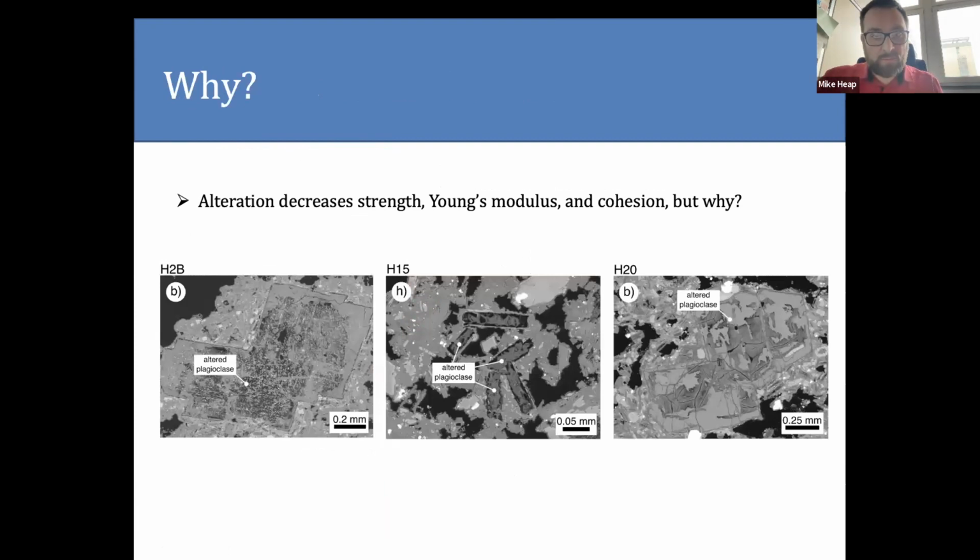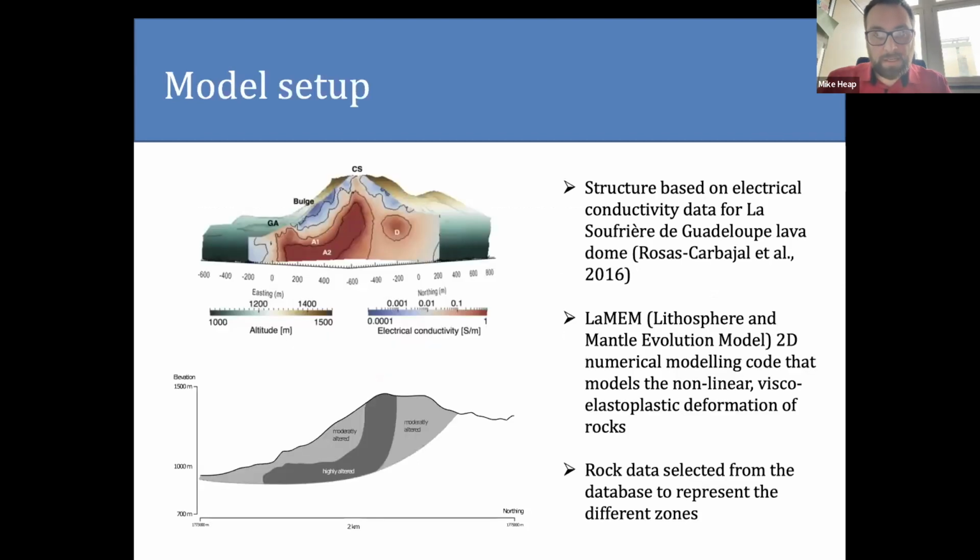Why is that the case? Well, if we look at some SEM pictures, we can see that the alteration has eaten away at the rock, dissolved the materials, increased the porosity, and resulted in weakening, reduction in Young's modulus, and reduction in cohesion. So the idea of doing these experiments was to populate a model.